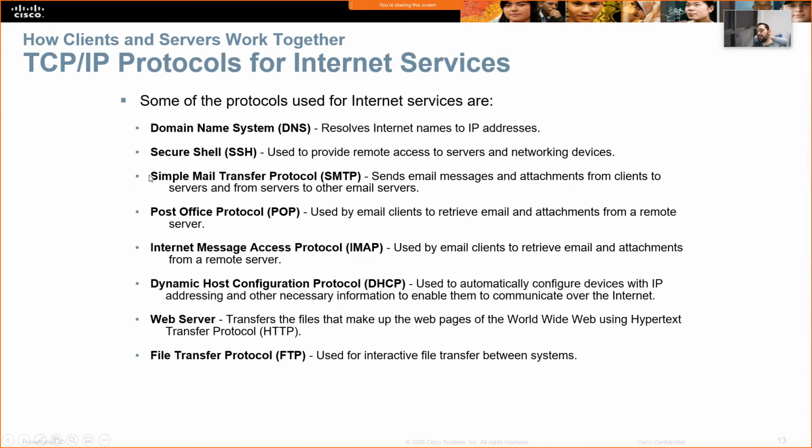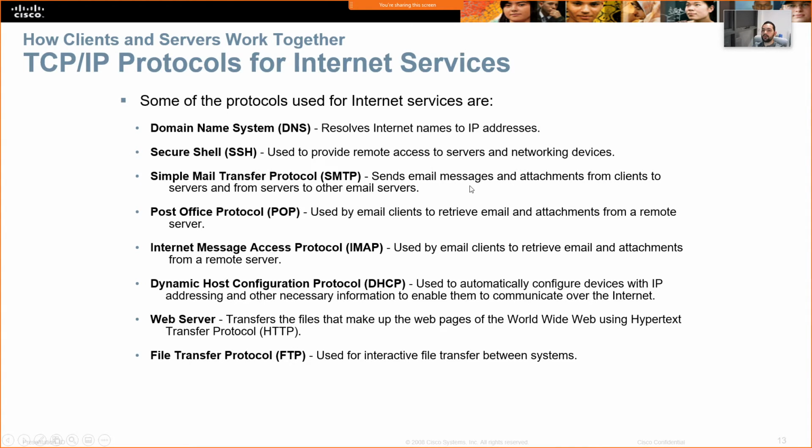You have SMTP, which is basically a mail transfer protocol. POP is also another mail transfer protocol, and IMAP is also another mail transfer protocol. But you might be asking, teacher, why do I need to know all these three? Because they're different, okay?